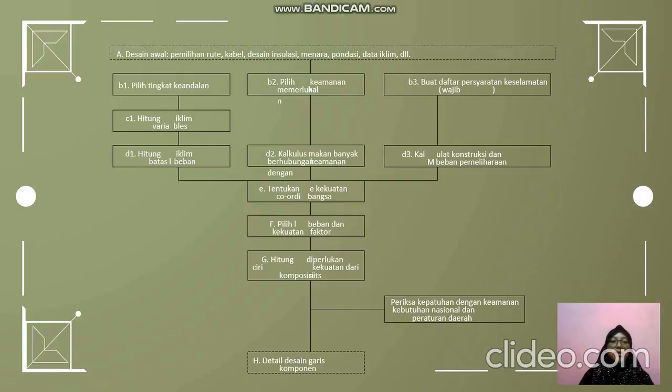Okay, the next, this is the sign. Oh, I'm sorry, this is the Indonesian language. This is the main design. We change route, cable, and insulation design, tower, foundation, and the clamp data.